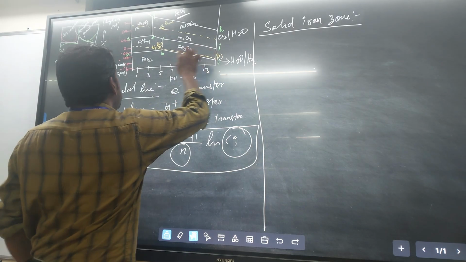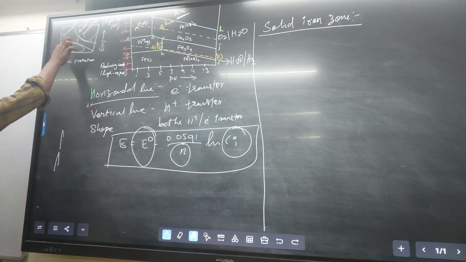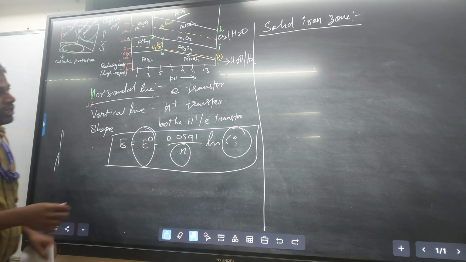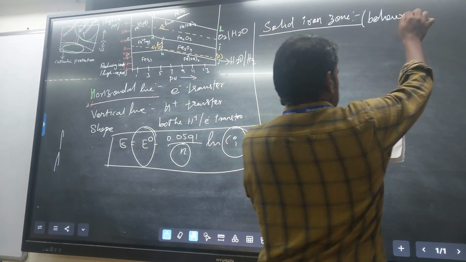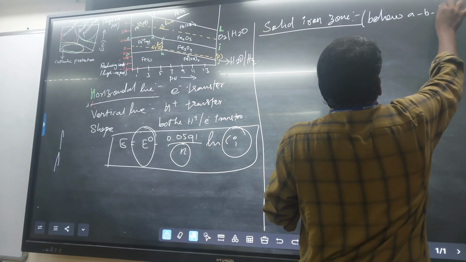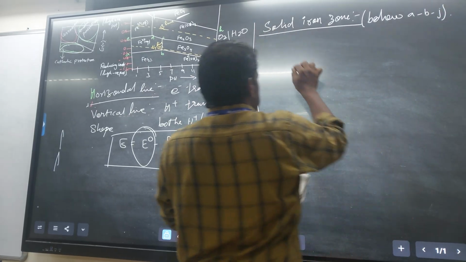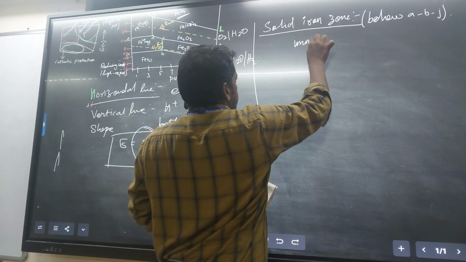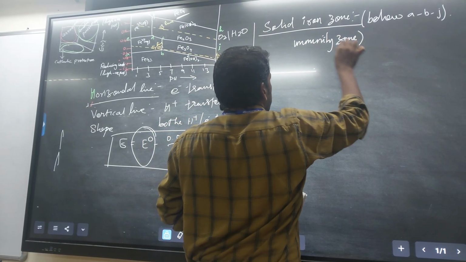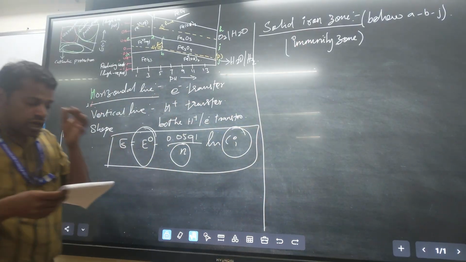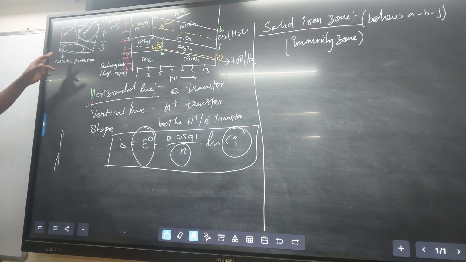First, the solid zone, that is below ABJ. That is the immunity zone. There is no corrosion here because of the high negative reduction potential.